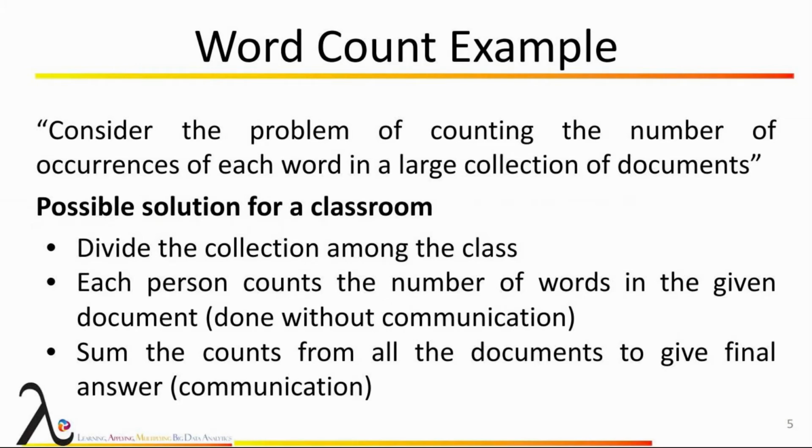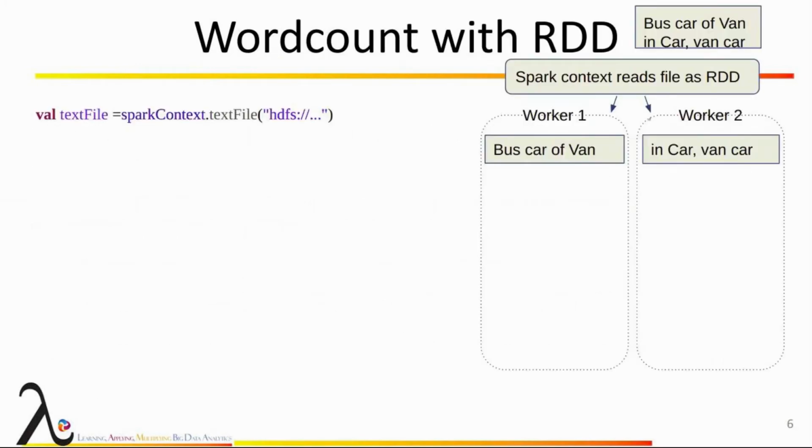So following a similar analogy, this is how it works in word count with RDD in Apache Spark. In this example, we are reading a text file from HDFS, and we've named it text file. Given a file, Spark context reads the file as an RDD.